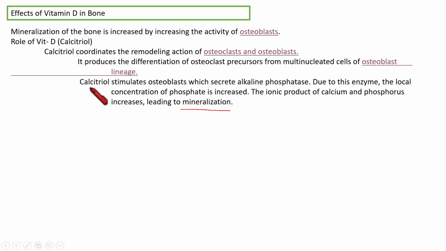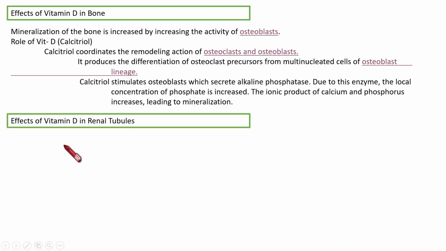So that is the role of vitamin D. Indirectly, it brings about the mineralization of the bone by resulting in the secretion of this enzyme. So that is the role of vitamin D in bone. It brings about the mineralization, and also it can remodel and coordinate the action of osteoclasts and osteoblasts.